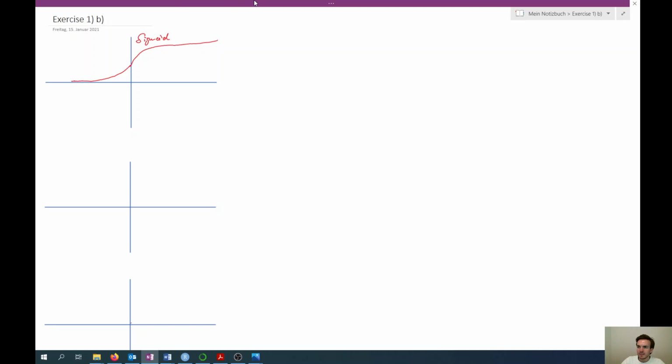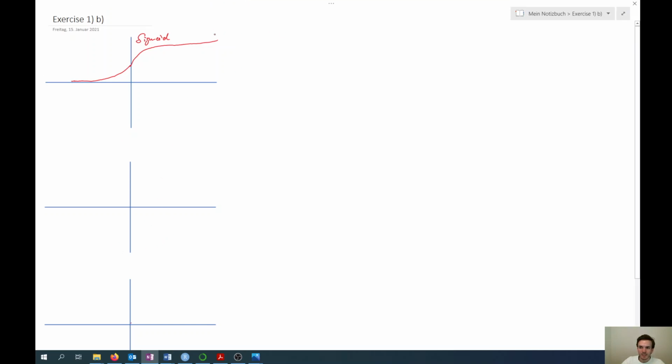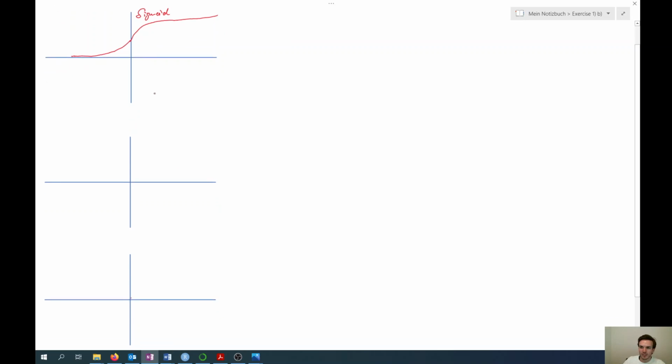So let's maybe draw the other ones and then note down the functions. So this would be the hyperbolic tangent function. And that's a lot like the sigmoid function. You could think of it like a variation which goes from -1 to 1, and crosses the y and the x axis at 0,0.